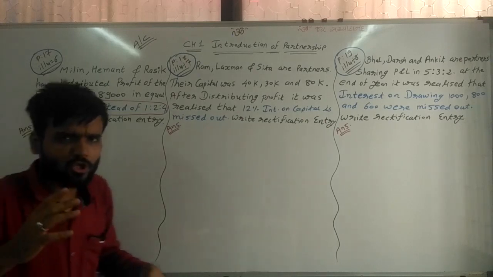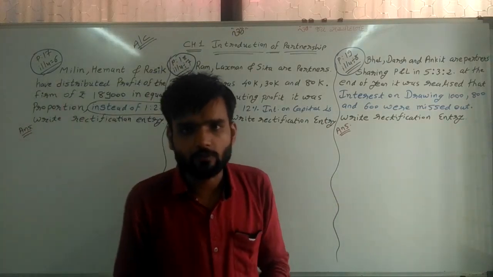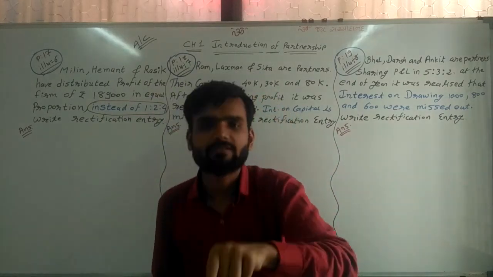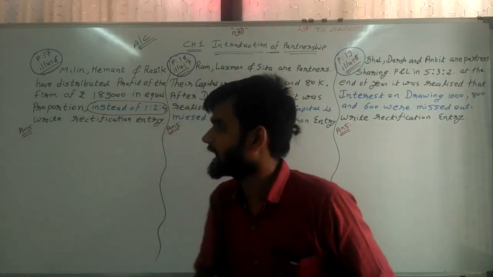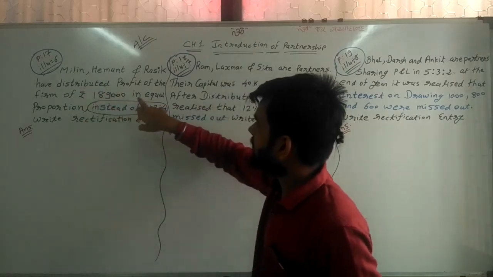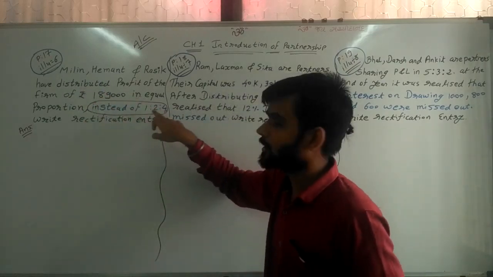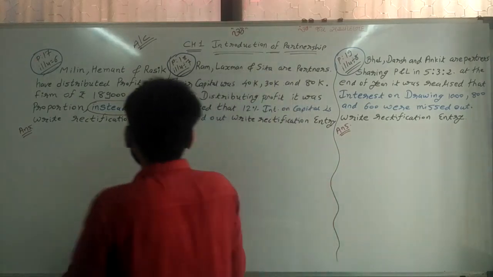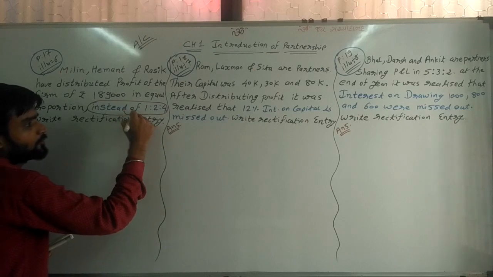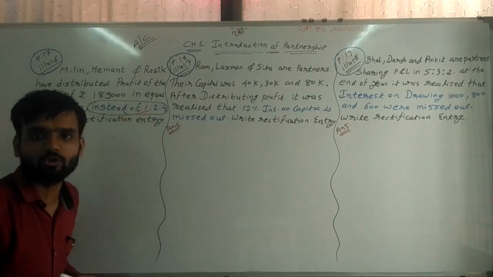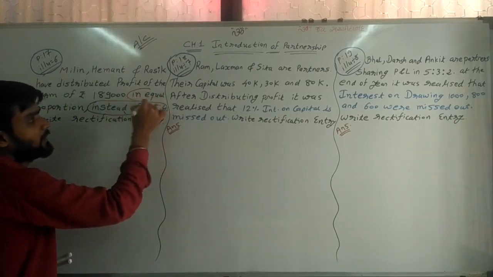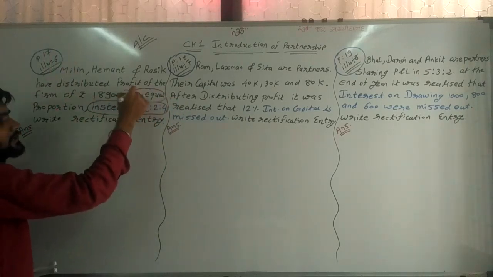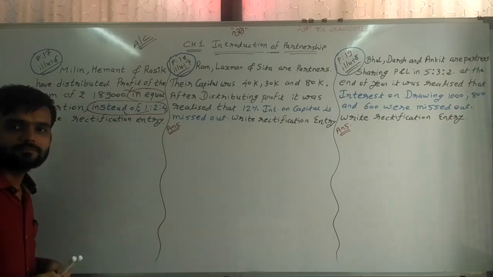So by reading the question, first decide what is wrong and what is correct. They distributed in equal proportion instead of 1 to 4. It means 1 to 4 is the correct calculation, and the equal proportion they distributed is the wrong calculation.